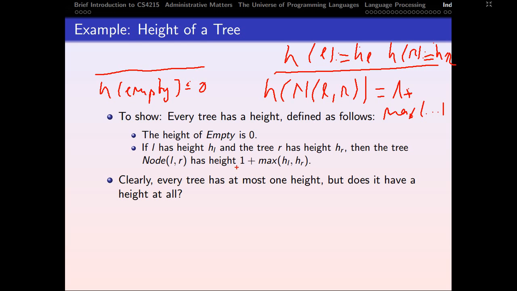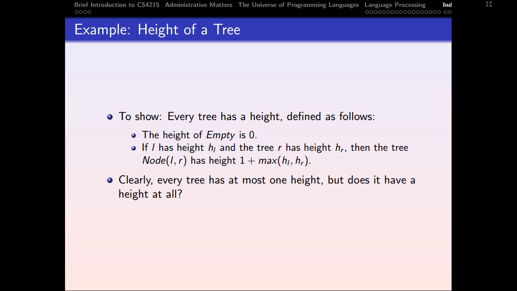You see it here. So we define the height by means of an inductive definition, and we've written it in English. So I've written it down so you can see the correspondence.